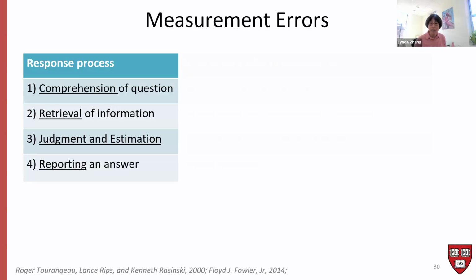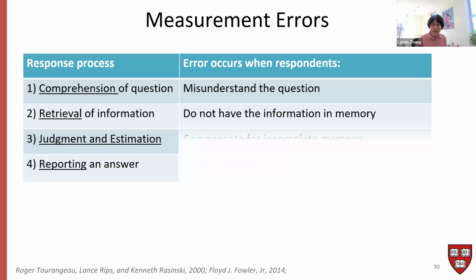The first, they will comprehend what's being asked. Second, they will retrieve the information from their memory. Third, they will make a judgment or estimate. And then they will map their judgment onto the response options. Ideally, respondents would move carefully through each stage and answer optimally. However, error could occur at each stage.